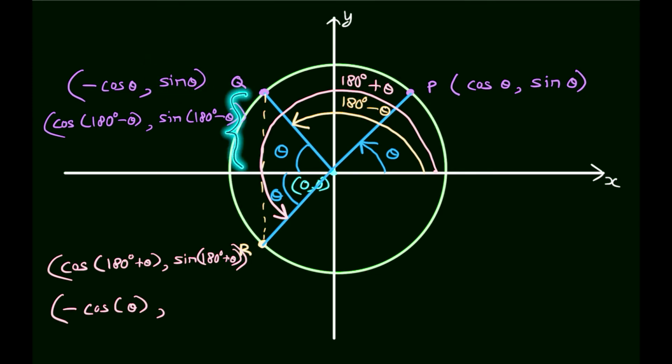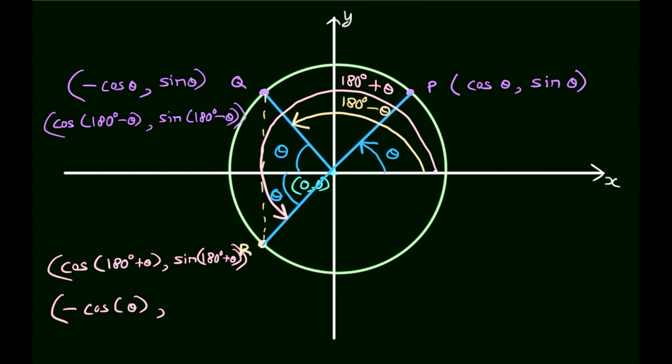Okay, and we know that Q and R have the same vertical distance from the x-axis. However, R is on the negative y-axis. So the magnitude of the y-coordinate of R will be the same as the magnitude of the y-coordinate of point Q, because both are at the same vertical distance from the x-axis.